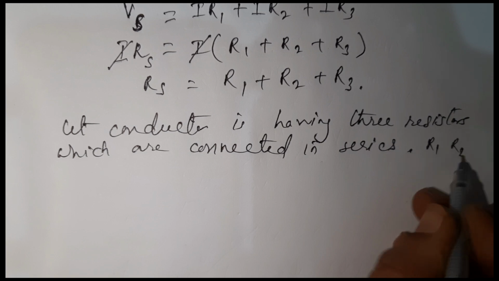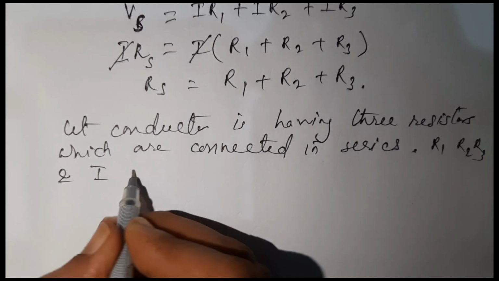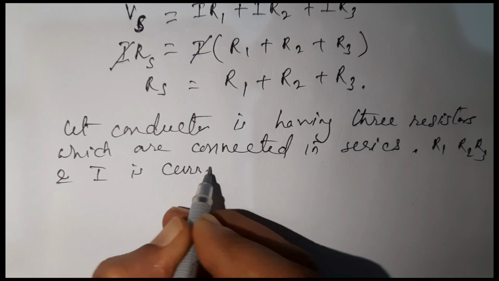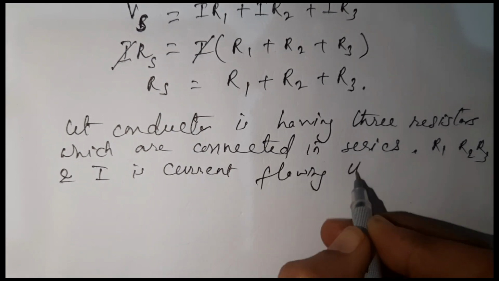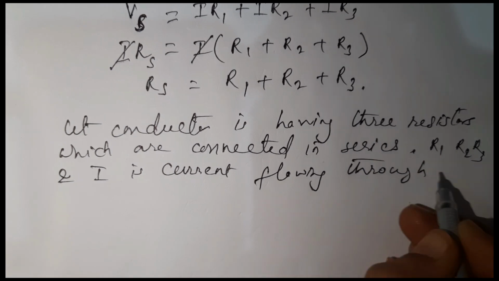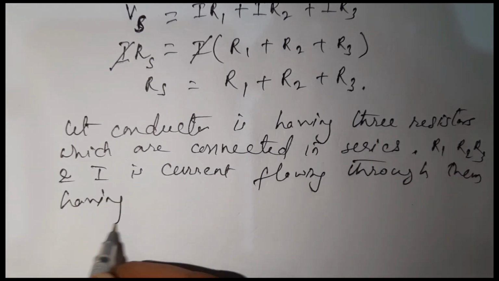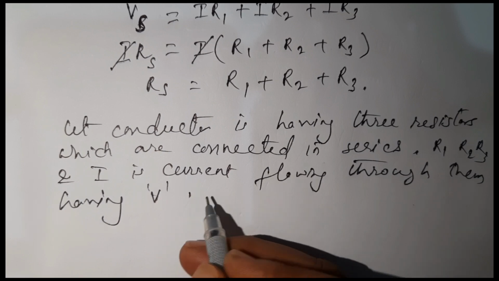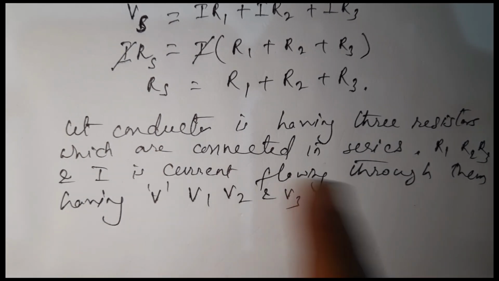They are R1, R2 and R3, and I is the current flowing through them, having potential differences V1, V2 and V3. So this you need to start out with.